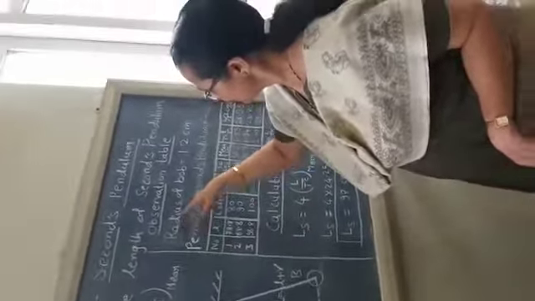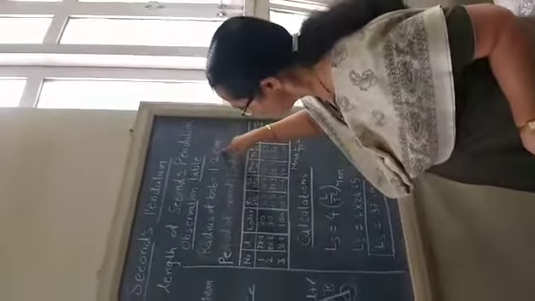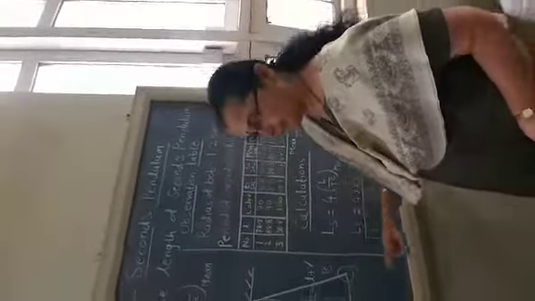Now before that we have to find out the radius of the bob. We measure the diameter of the bob with the help of a vernier caliper.